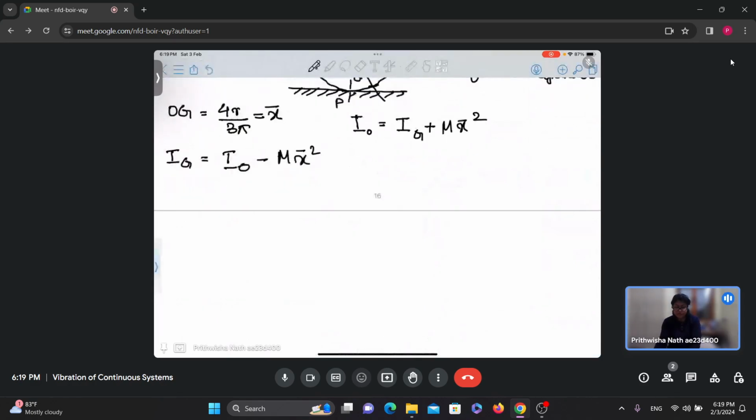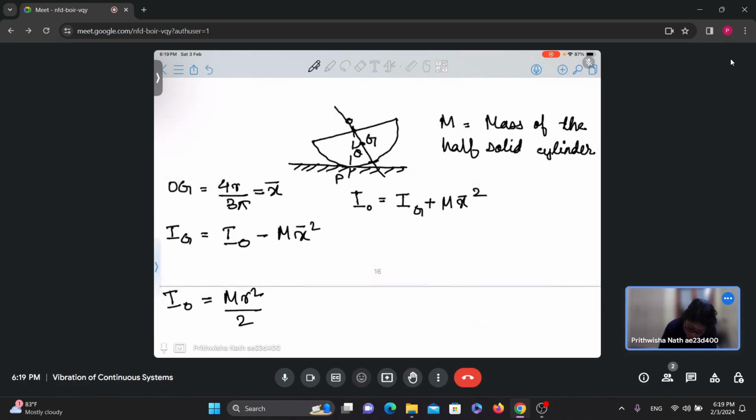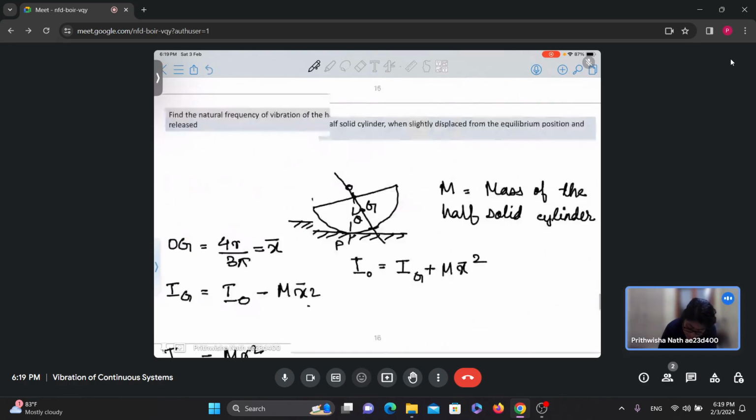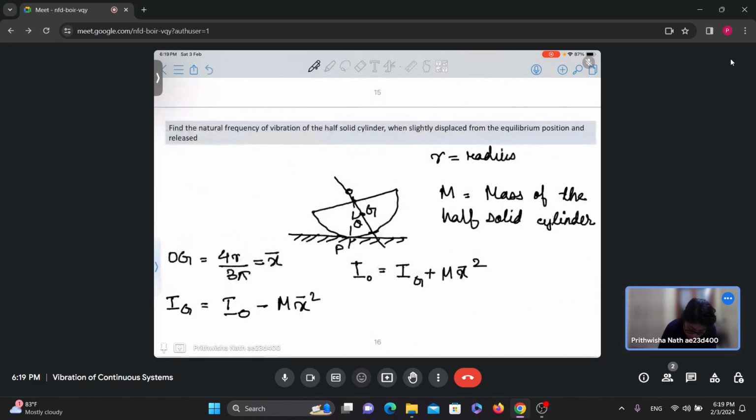Now we have to substitute the values for Ig and IO. So IO is M r square by 2, and here r is the radius of the half solid cylinder.